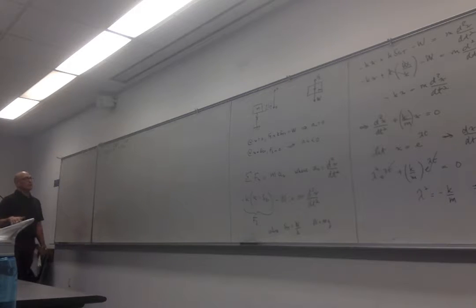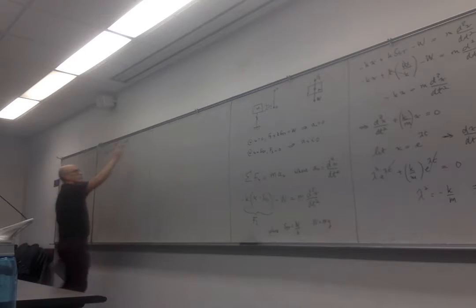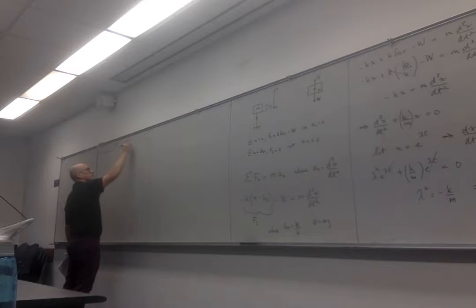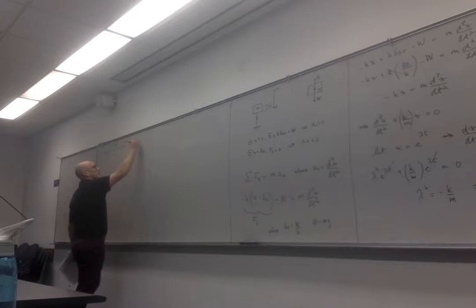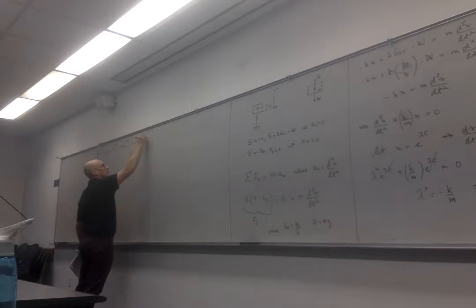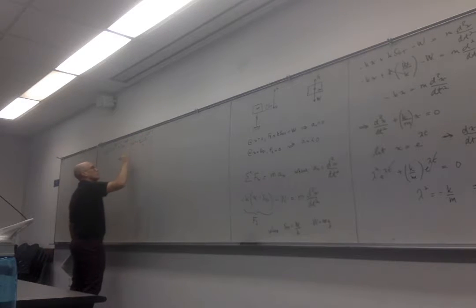So the thing now to realize, I don't know if you remember these, but cosine of t, for example, you can always express as e to the it plus e to the minus it over 2, and the sine of t is e to the it minus e to the minus it over 2i.